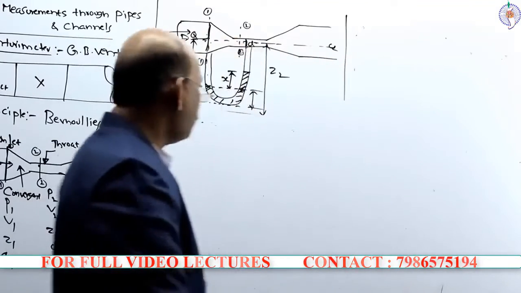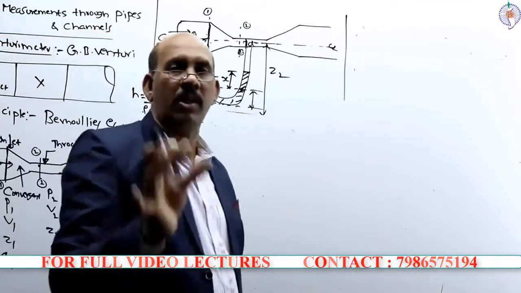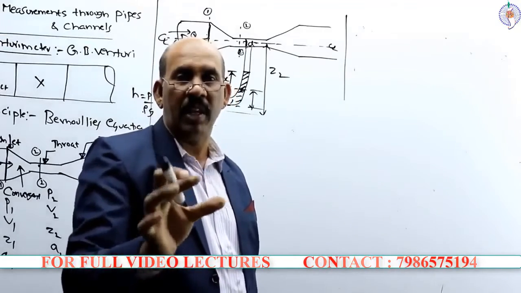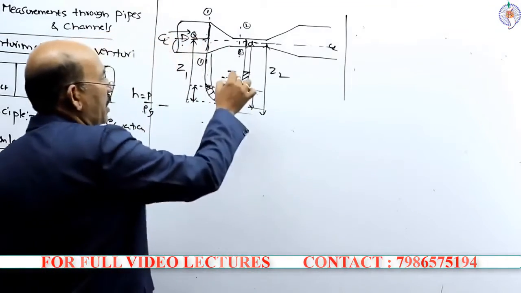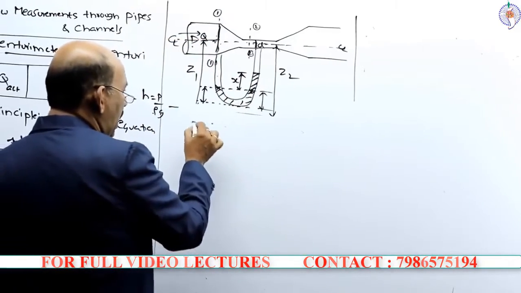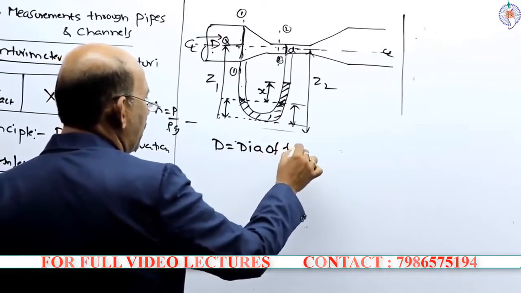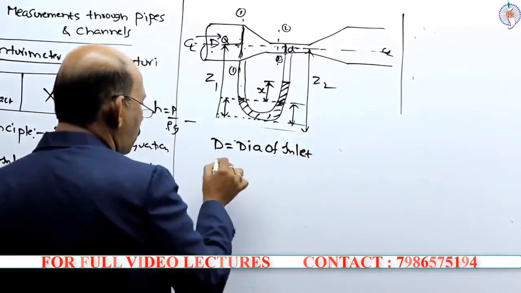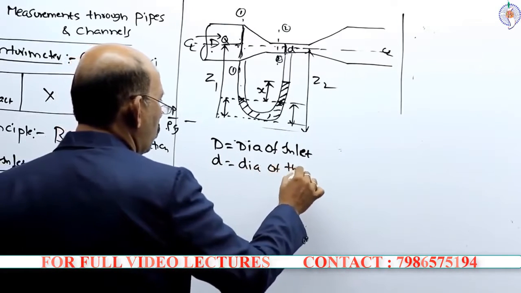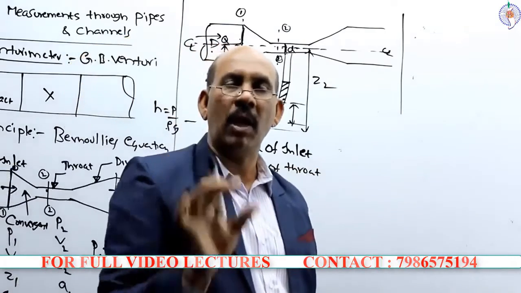We can see this particular venturimeter, the basic principle on which it works is the creation of the pressure difference. That means if you reduce the diameter, capital D is the diameter at the inlet, and small d is the diameter of the throat.